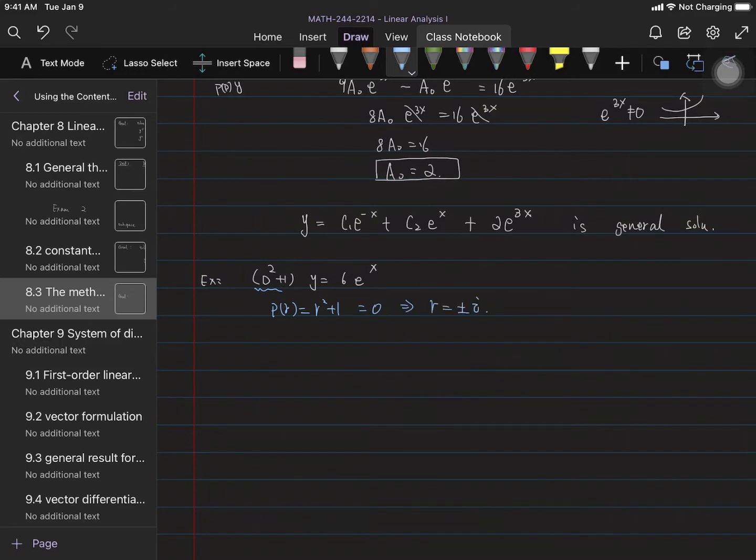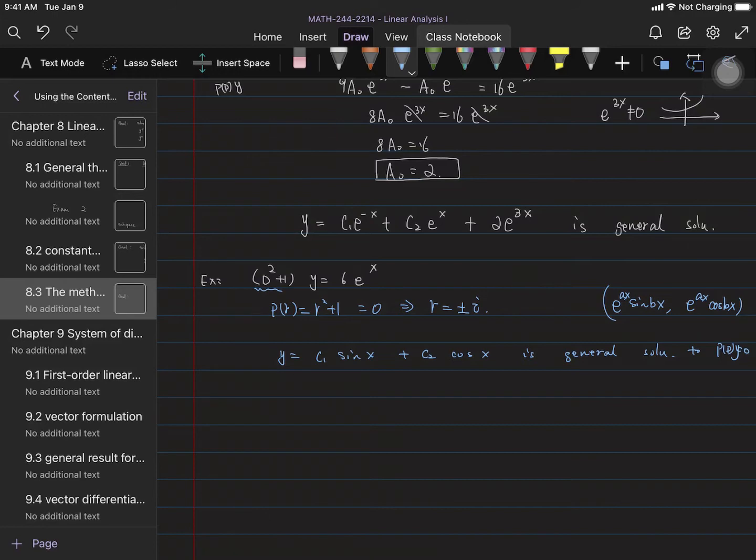And corresponding to that one, the solution should be e to the ax sine bx and e to the ax cosine bx. And for this one, a is 0 and b is 1. So our general solution should be sine x and cosine x, to P(D)y equals 0. Homogeneous.